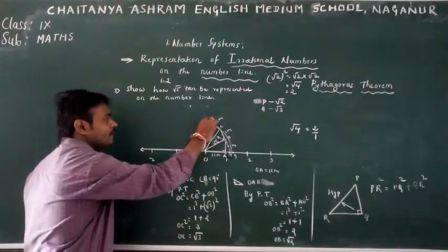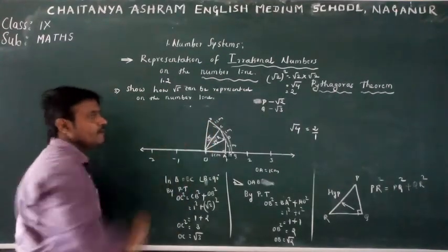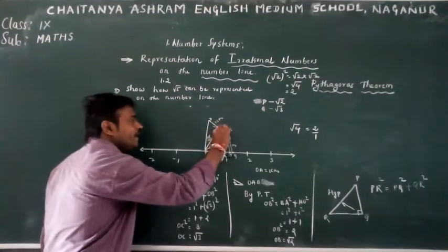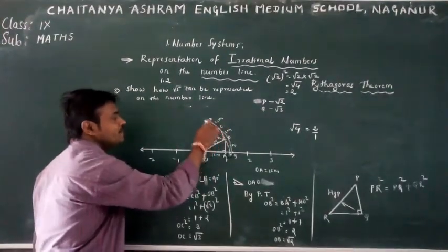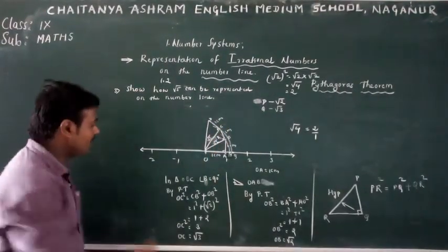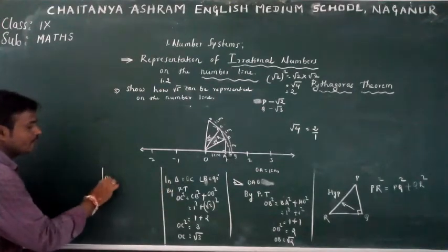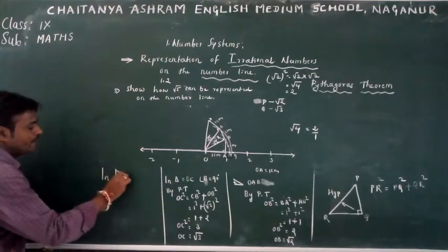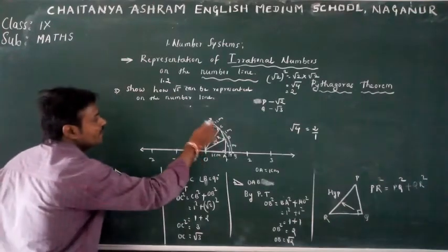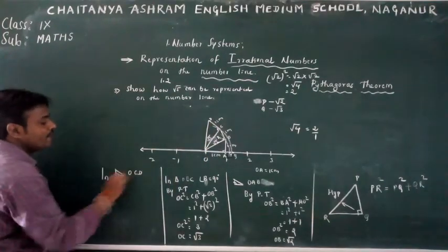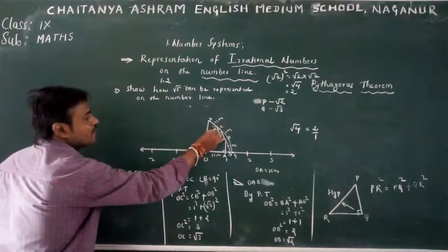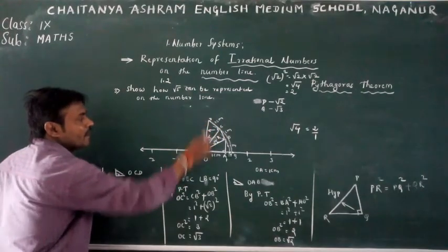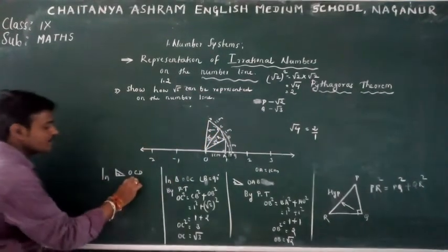Then join OD. Again, here it is 90 degrees. This type of triangle is a right angled triangle. So in right angle triangle OCD, angle C is 90, which means this is the hypotenuse. Apply Pythagoras.